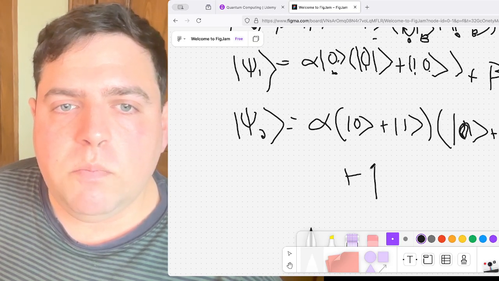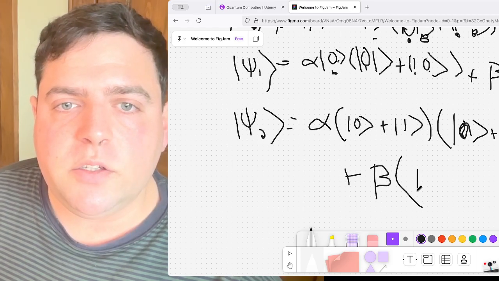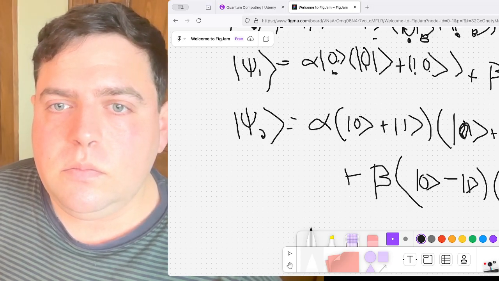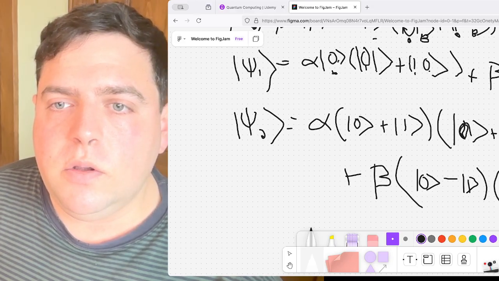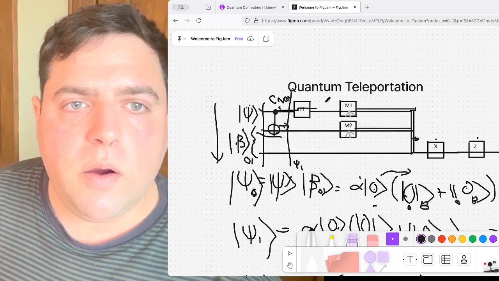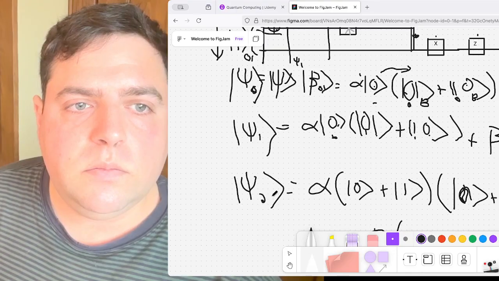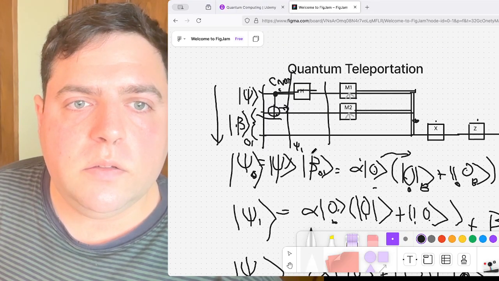Plus beta. What does a Hadamard gate do to a 1? Same thing, but with a minus. Right? So now we're at this stage, psi 2.